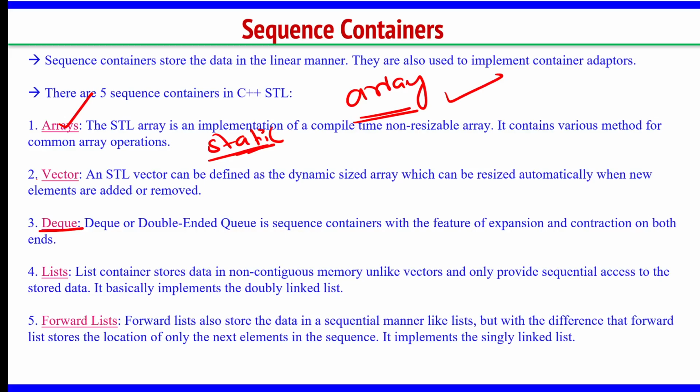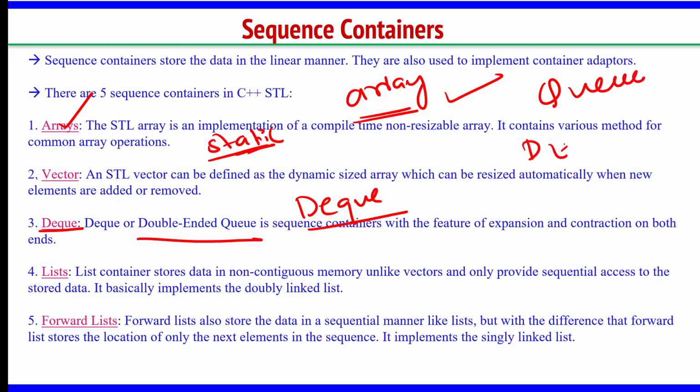Next we have deque, the double ended queue. It is the same as the double ended queue in data structures. I think you remember we studied the double ended queue in the queue data structure. What is a double ended queue? Insertion and deletion can happen at both ends.